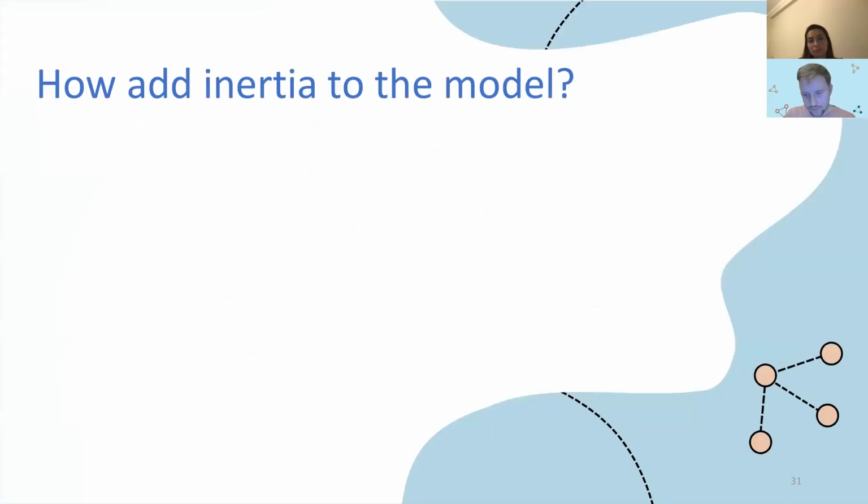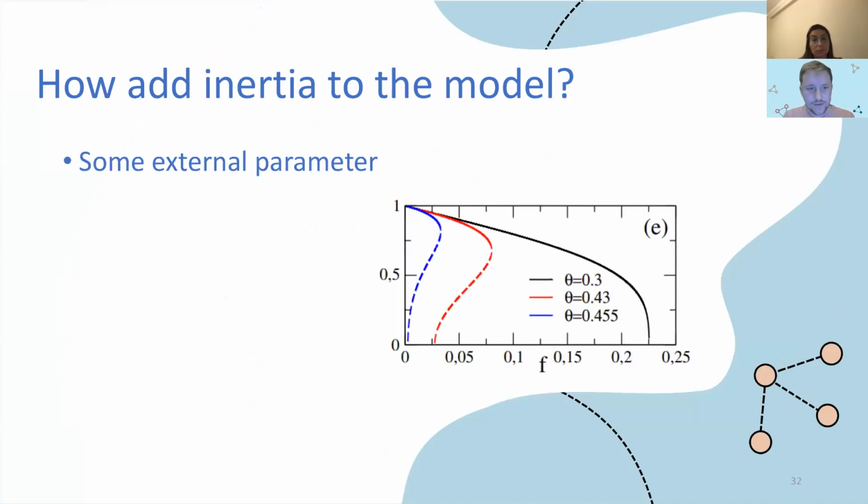And more or less going to the conclusion, in binary type of models, we can observe the hysteresis, so the dependency between the initial condition and the final state, if the level of inertia appears in the system at an appropriate level. So we can do it by putting in some external parameters.